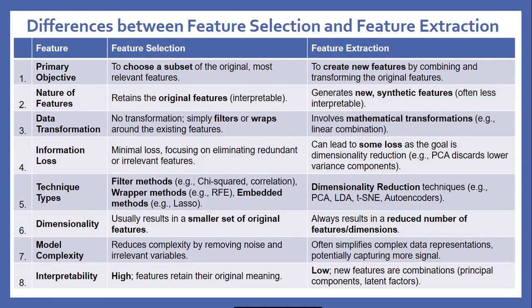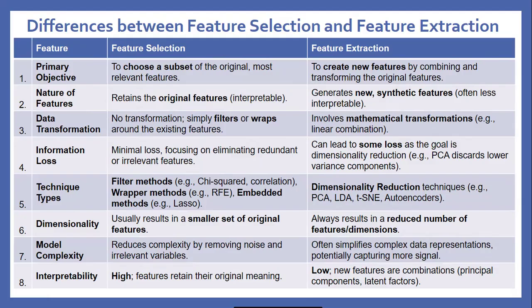In feature extraction, we generate new synthetic features, often less interpretable. Data transformation: in feature selection, no transformation, simply filter or wrap around the existing features. Feature extraction involves mathematical transformation, for example linear combinations.